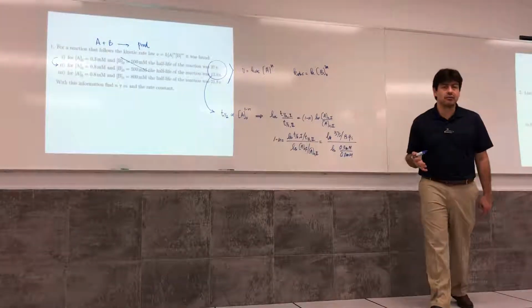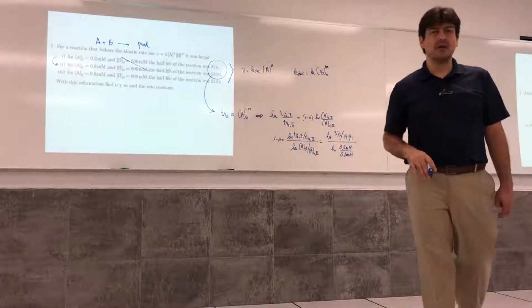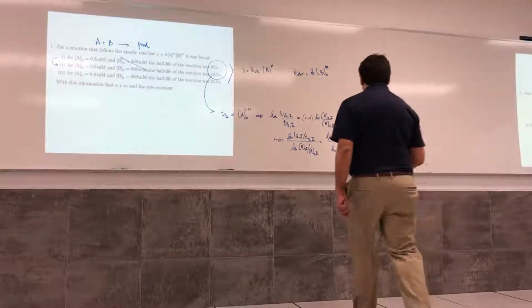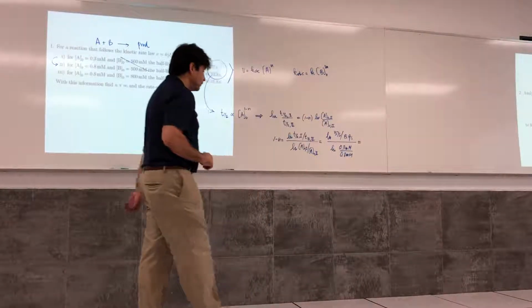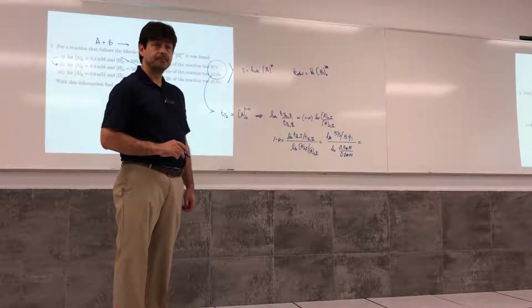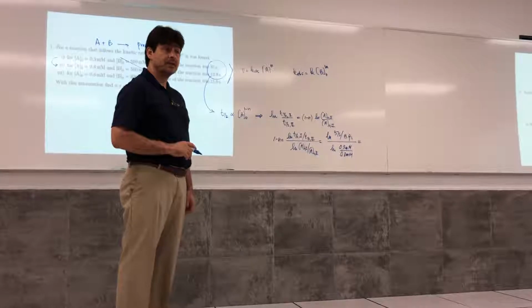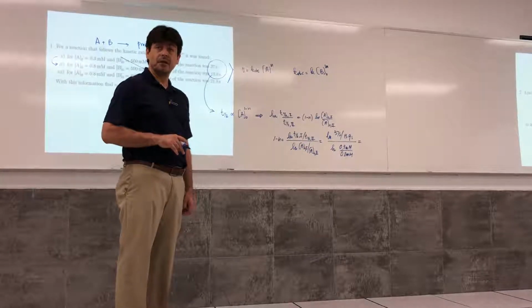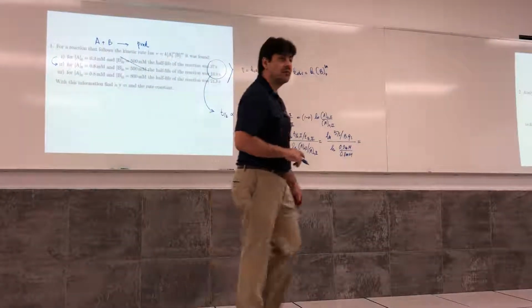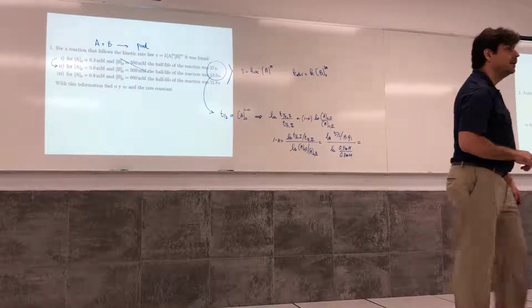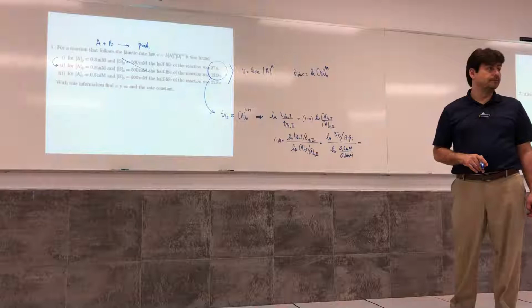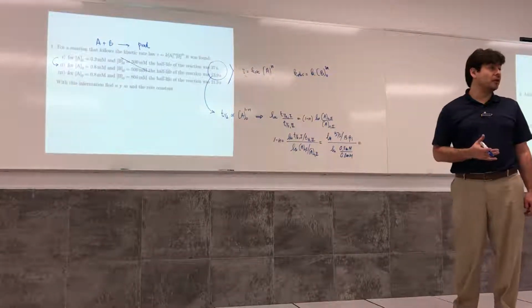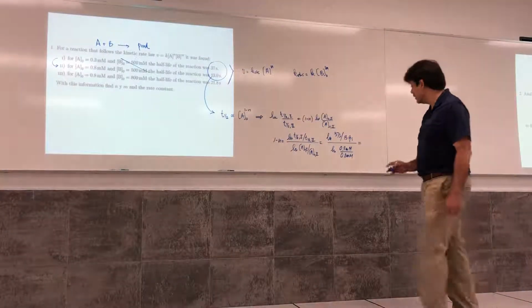So no need to write this times 10 to the minus 3 molar. And how much is this? Minus 1. Are you getting that from your calculators? Oh, it's minus 1. Okay. So do the calculation.